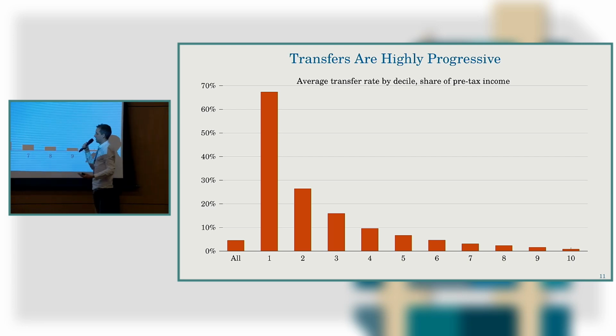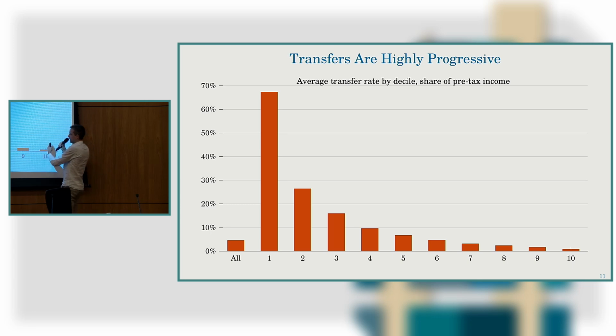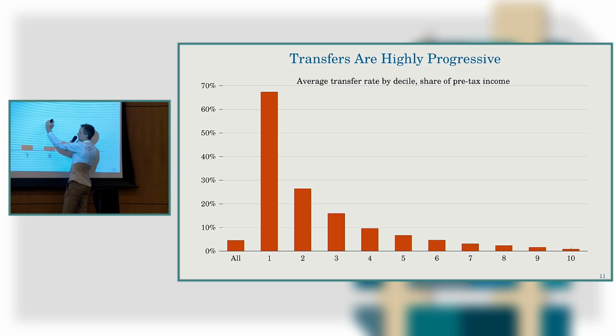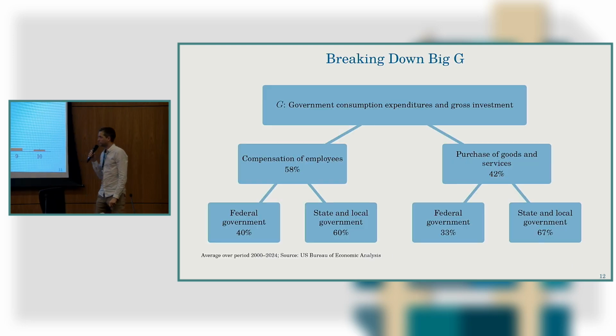That's the point of these transfers, actually, and so they're very progressive. This is for overall transfers. If you look at the cyclical part, for example, stimulus checks in the U.S. were basically lump sum transfers to 80% of the population. The rich got zero.